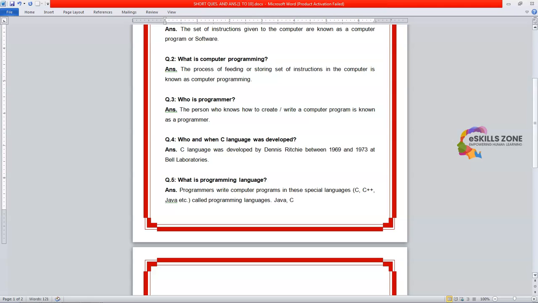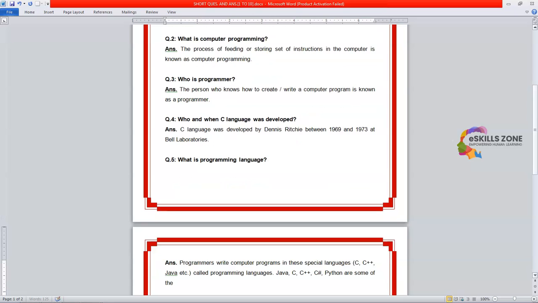Java, C, C++, C#, Python are some of the most commonly used programming languages.